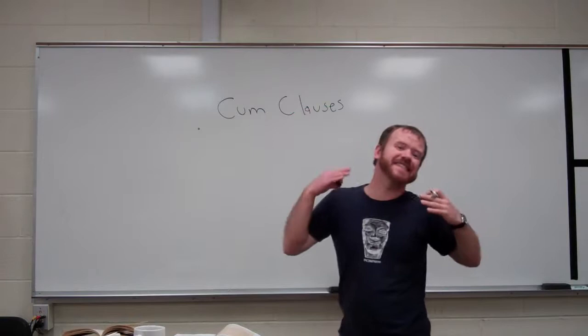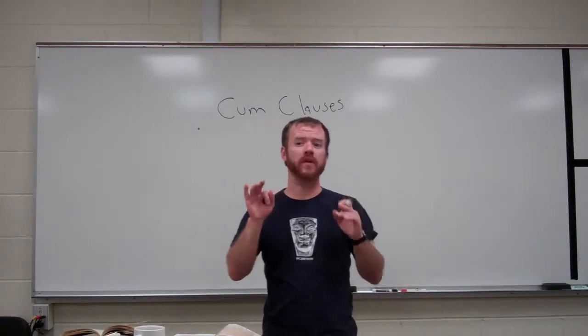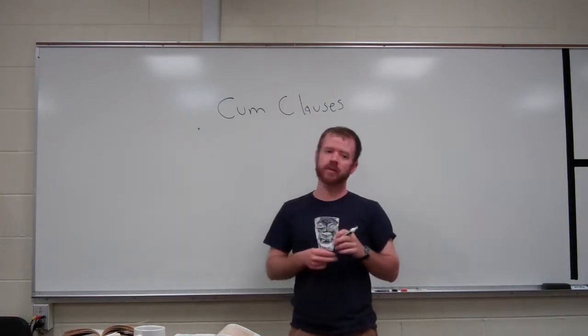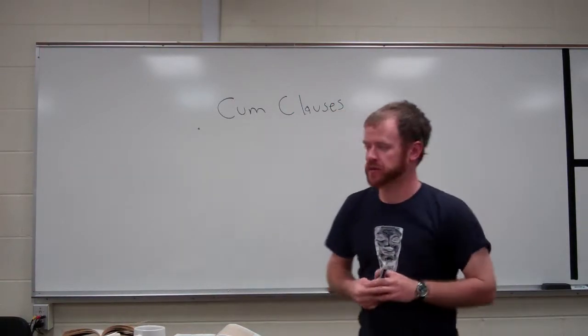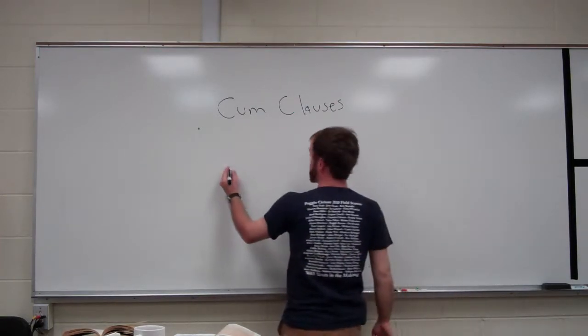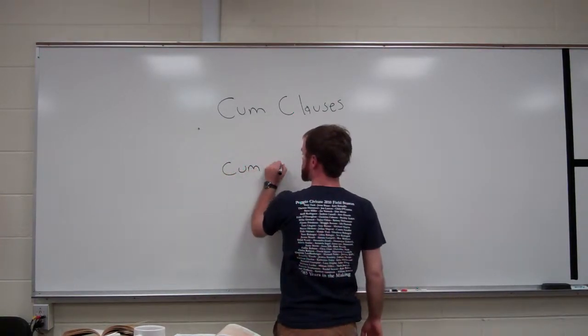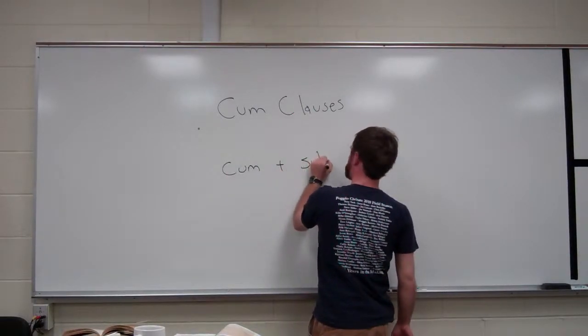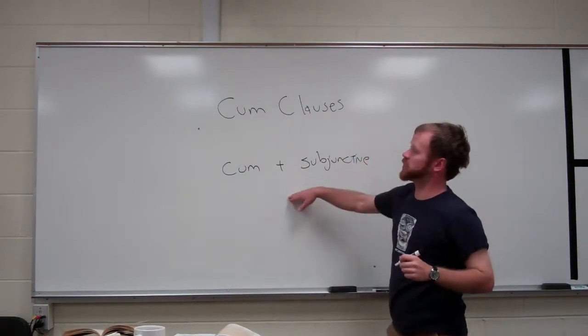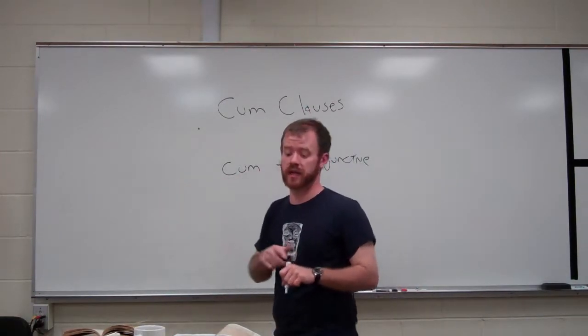Now, if you had to take a stab at what are the identifying marks of a cum clause in Latin, what would be the two identifying marks? If you said the word cum, yes, and some sort of subjunctive, exactly. They'll have some kind of subjunctive plus the word cum there.